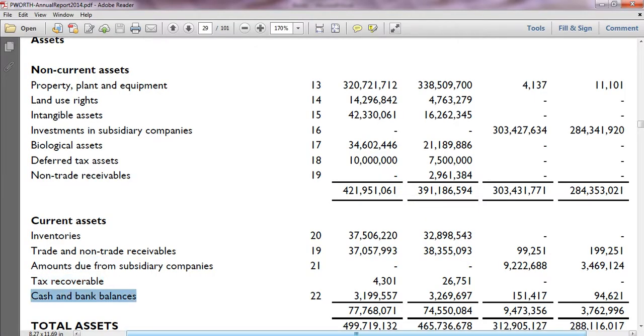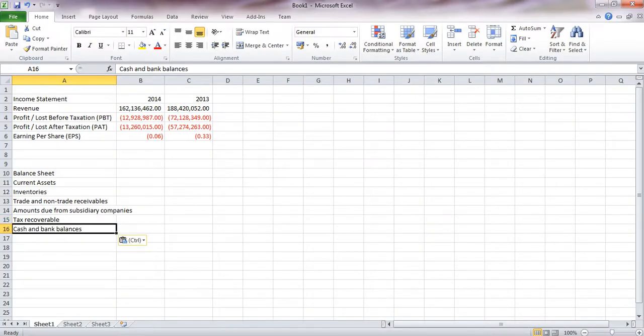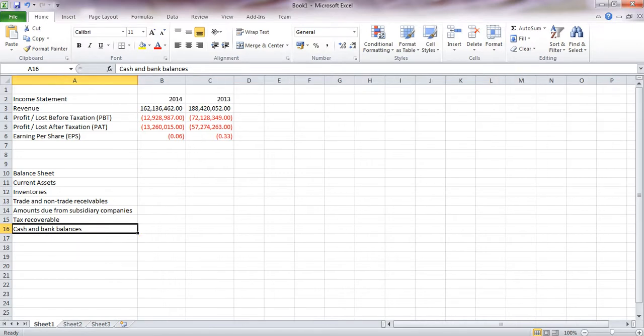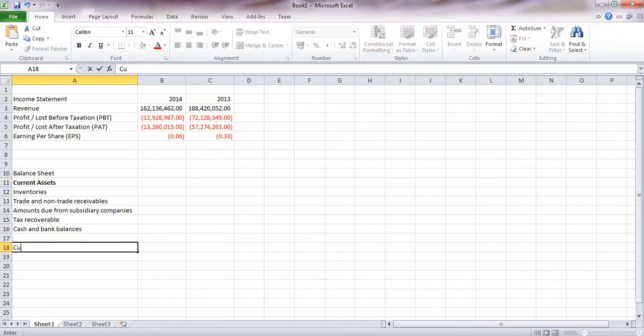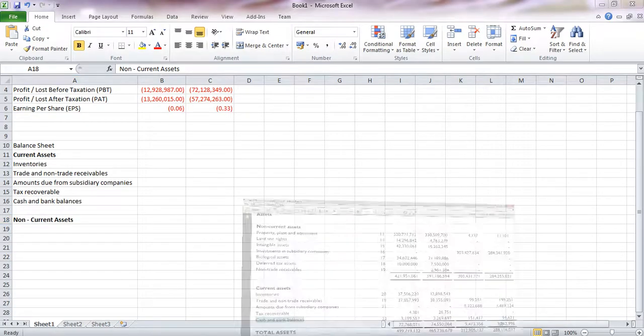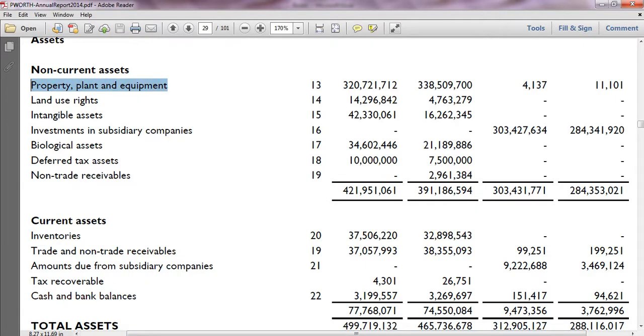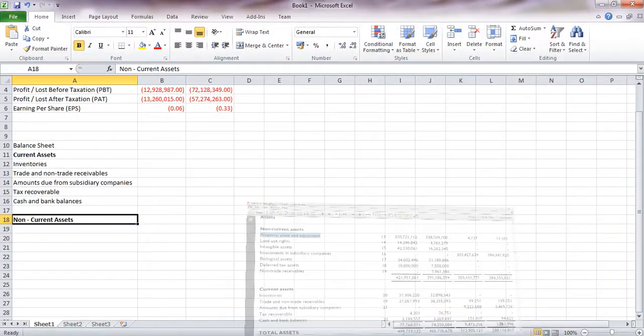In this case, the inventory will definitely be higher compared to other sectors because there are things that I need to keep track of. And the other one is non-current assets. Non-current assets include the property as well.